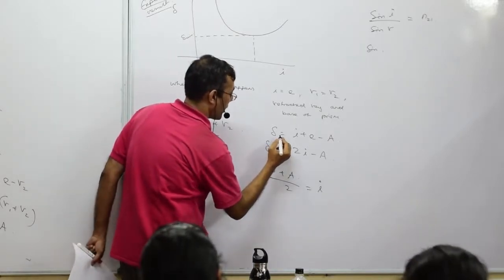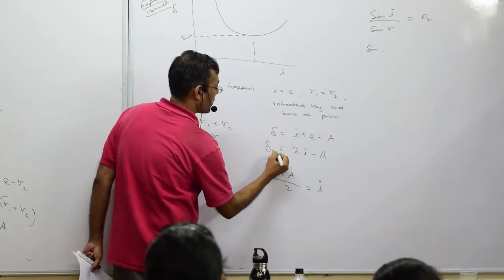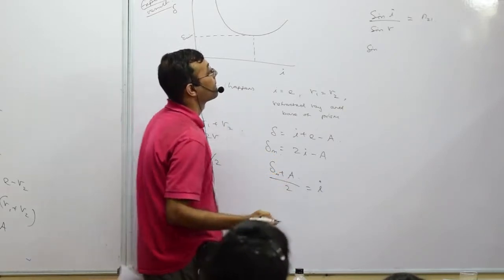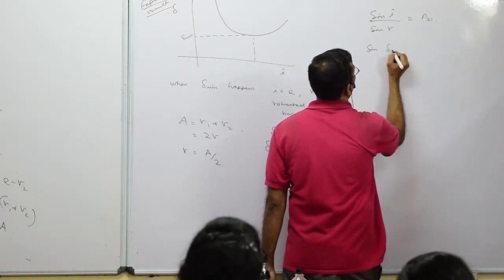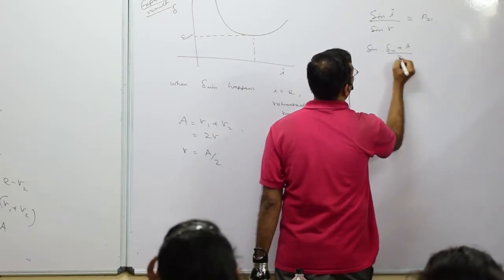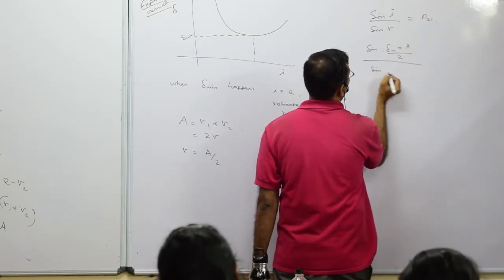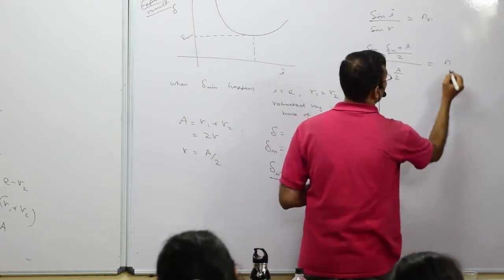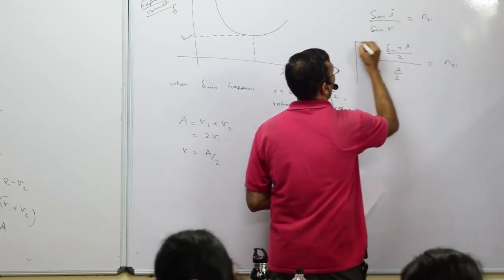We call it del m here because we are putting these conditions, del minimum. So sin of (del m plus A) by 2 divided by sin A by 2 is equal to the refractive index n21 for the prism.